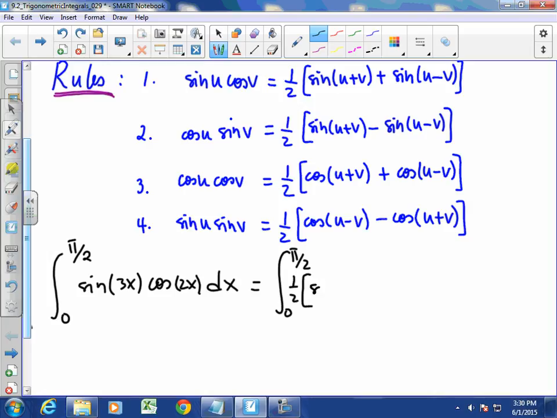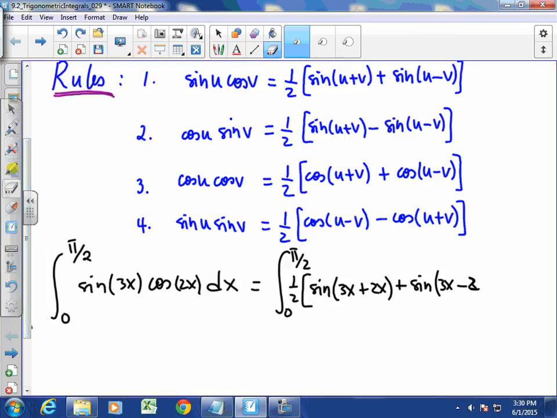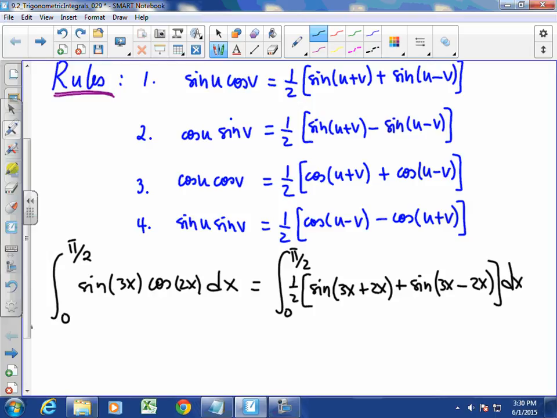So sine of 3x plus 2x, plus sine of 3x minus 2x, brackets close, dx.